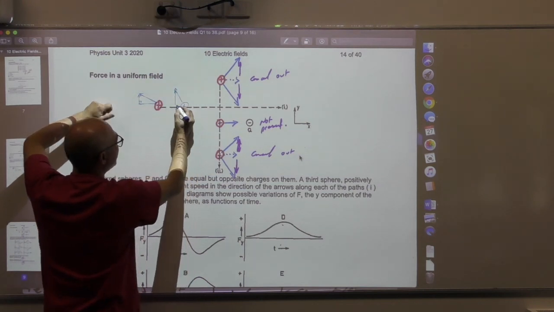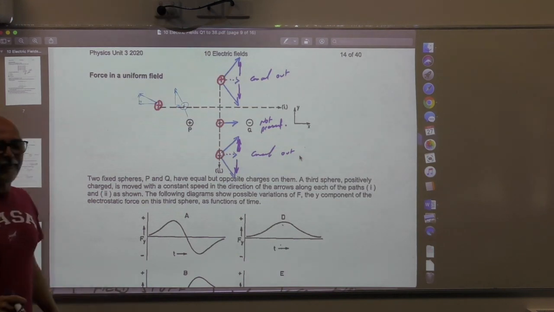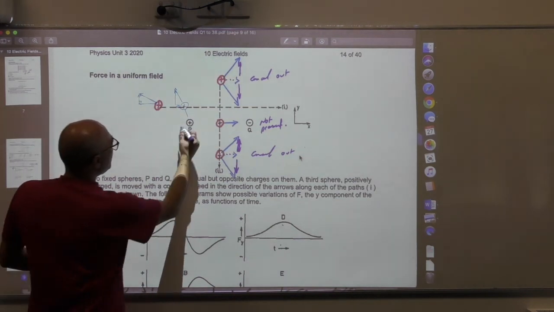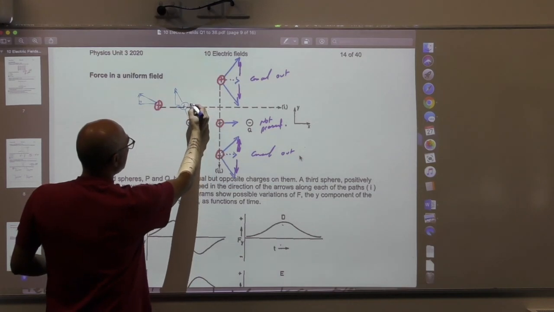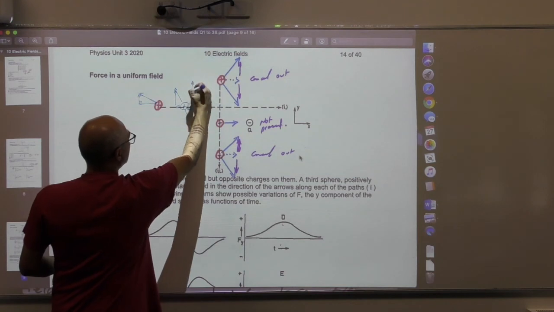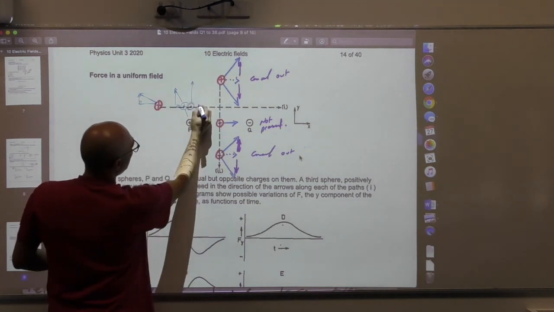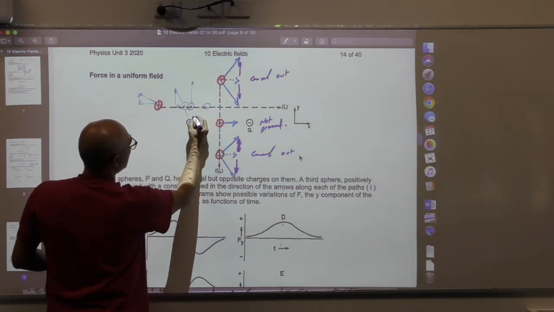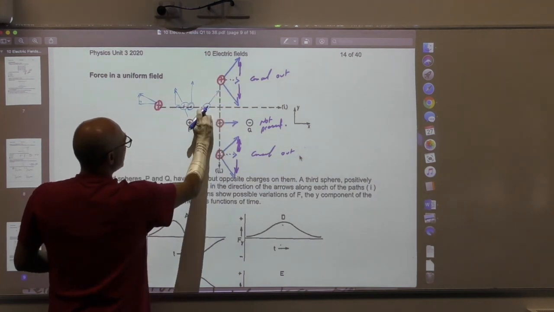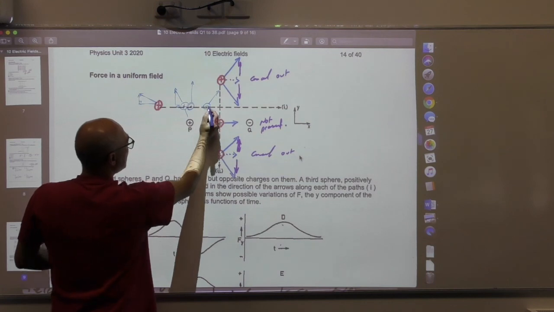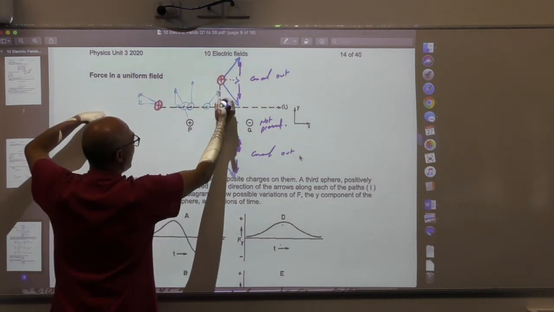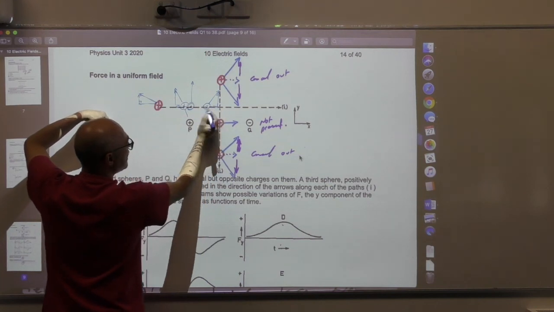Now this took me time to get my head in the right place to even consider this correctly. You can see that as it gets past here, when it's right there in front, then it's all y. Then as it goes over here, it's got a force going this way, which is now split between this y component and this horizontal x component.